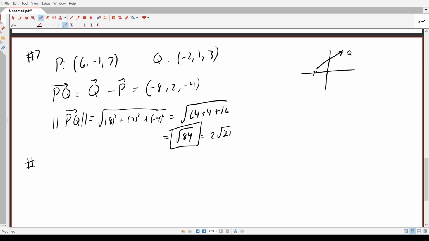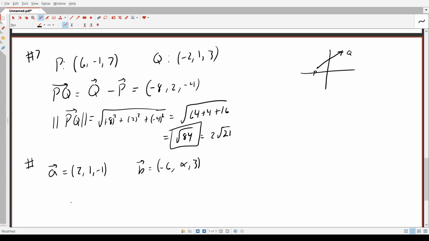Okay, number 8. It says if A, which is 2, 1, minus 1, B, which is minus 6, alpha, 3, are parallel, then alpha is what?